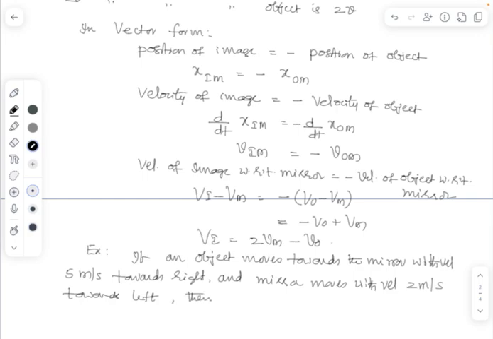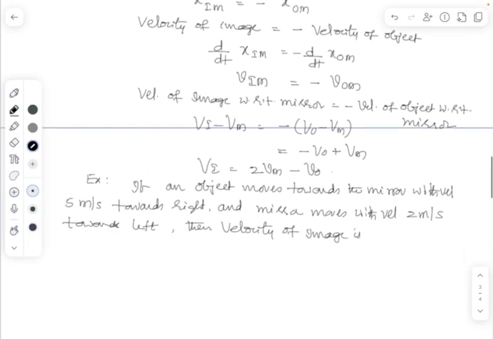Velocity of image equal to, this is V_O, velocity of object. This is velocity of mirror.